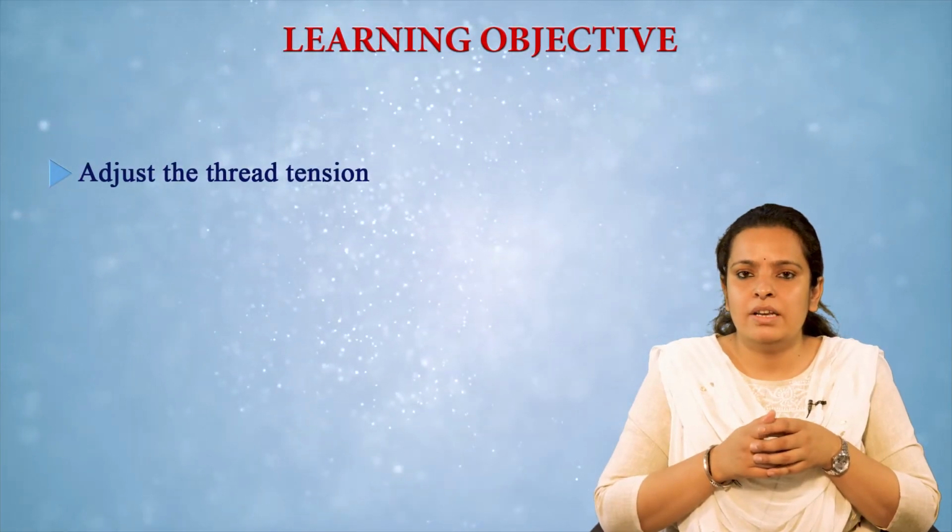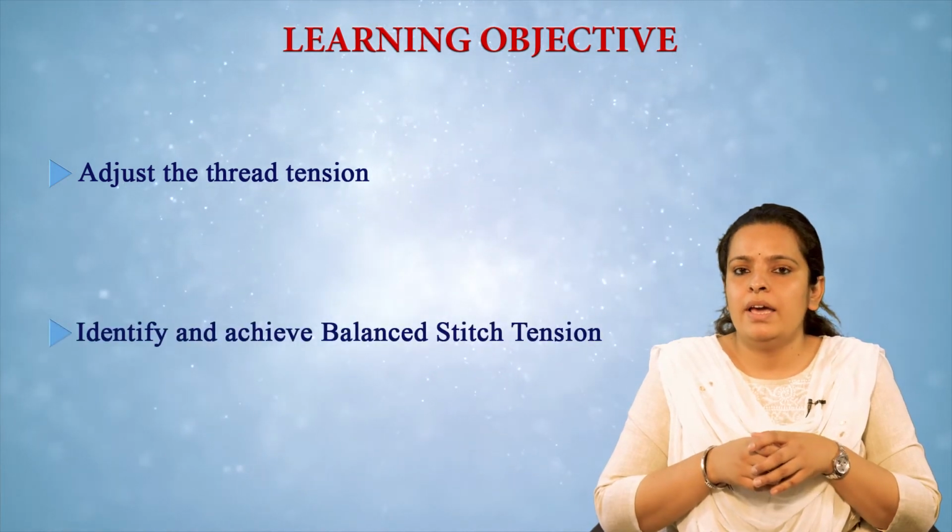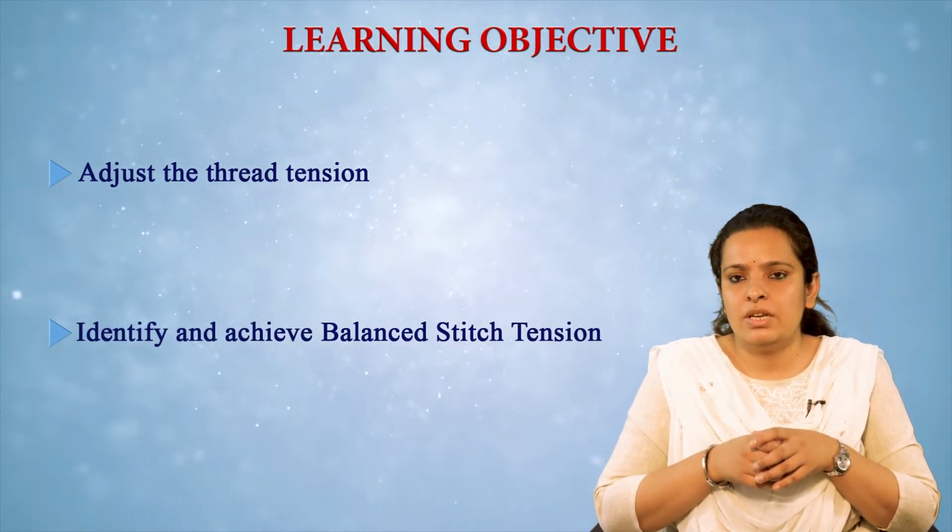When you do this activity on your own, you can adjust the thread tensions on the sewing machine, and you can identify and achieve balanced stitch tension. When you learn how the seam is made and how the sewing machine works, you can achieve these two learning objectives by doing this activity.